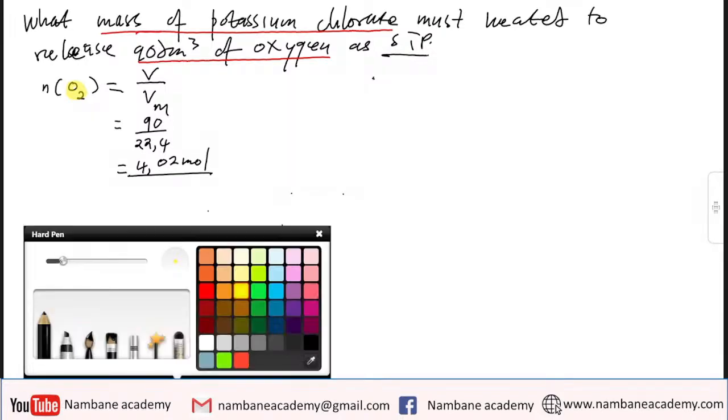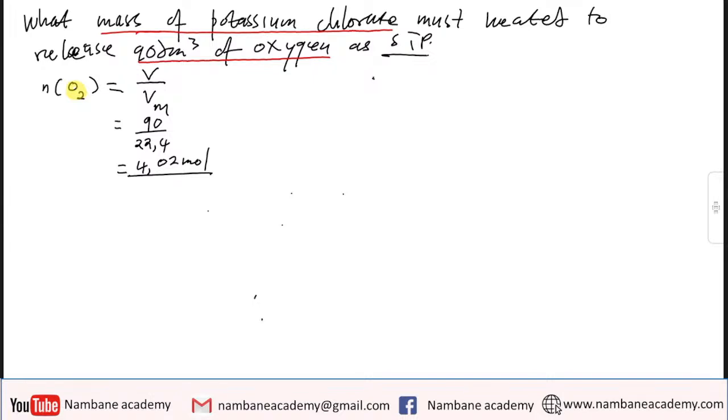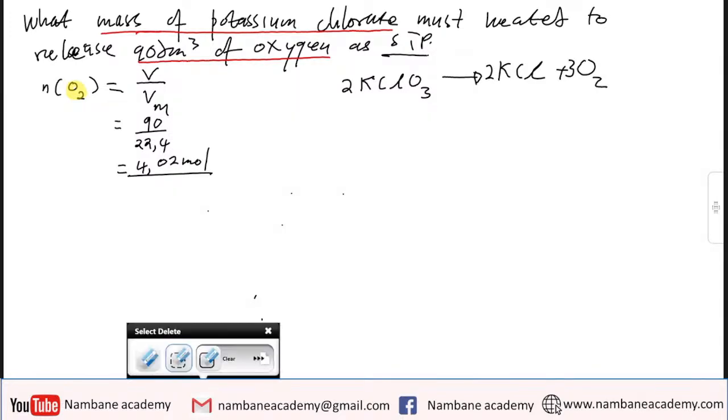I need to have the balanced chemical equation, which we wrote yesterday as 2 KClO3, giving us KCl plus O2. And we added a 2 here, and we had a 3 there.